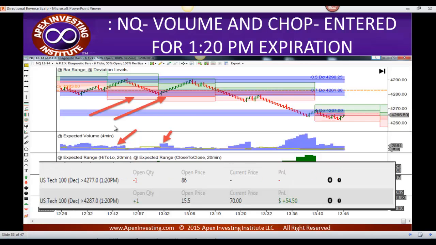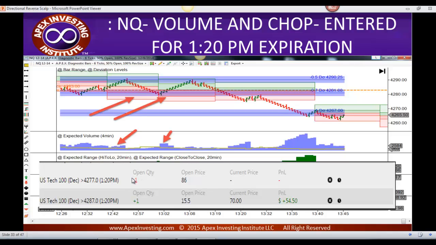Here's a few examples of some trades. So on this day, for the 120 expiration, it's a volatile day, bouncing between our ranges, and we're getting some volume here. So we go in right here.